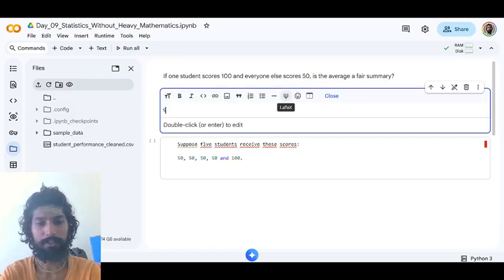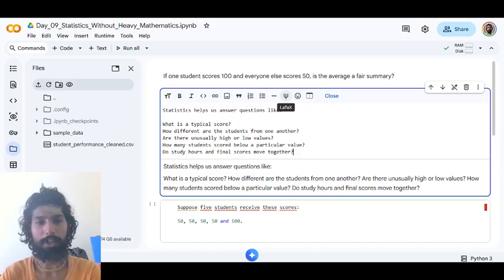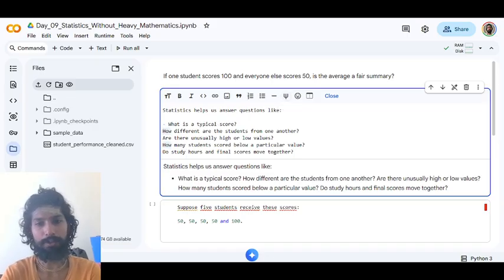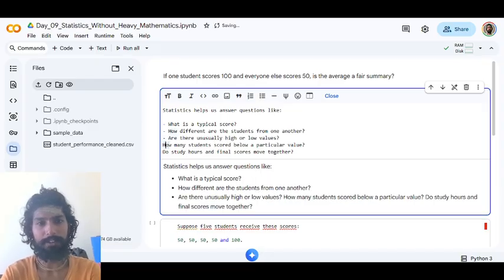So, statistics helps us answer questions like what is the typical score? How different are the students from one another? Are there unusually high or low values?